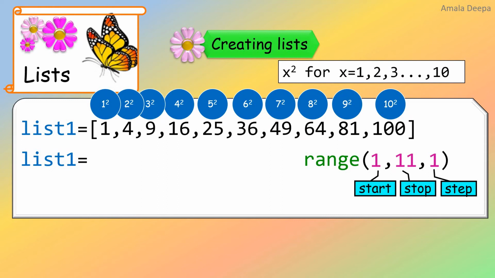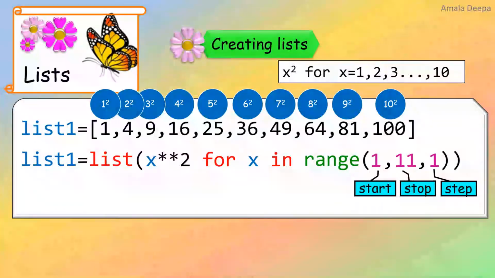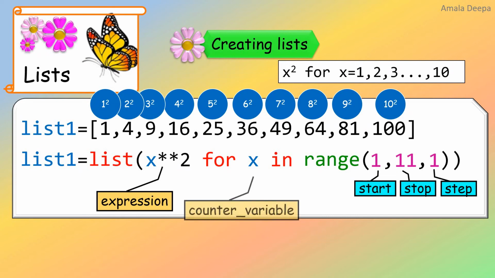You have to use the exponent operator, to the power of, double asterisk. So x**2 for x in range. So here you have to use the for loop, for x in range. And then surround this with the list function. Here x**2 is the expression and x is the counter variable.